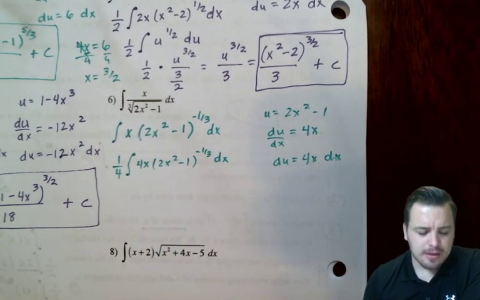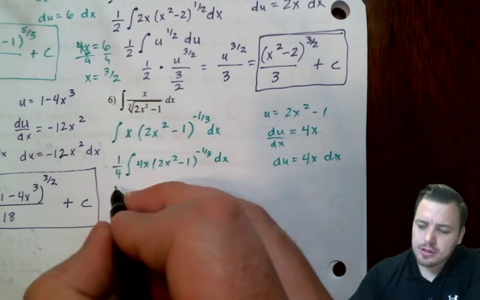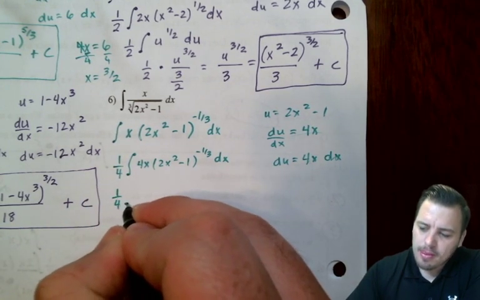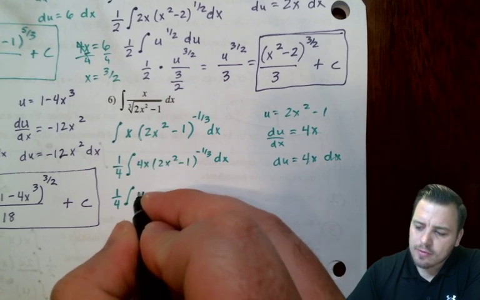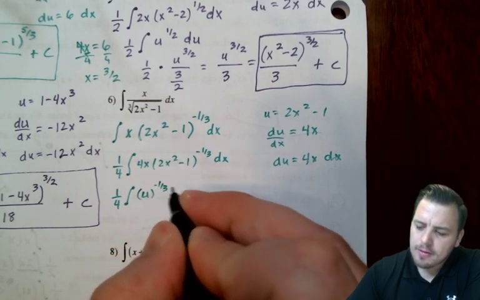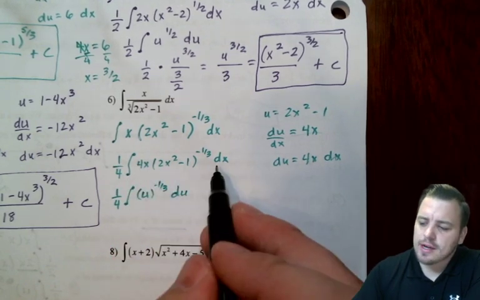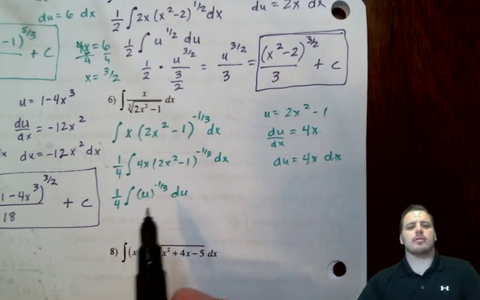And then I can put everything in terms of u. So 1/4 times u to the negative 1/3 du, because 4x dx is du.